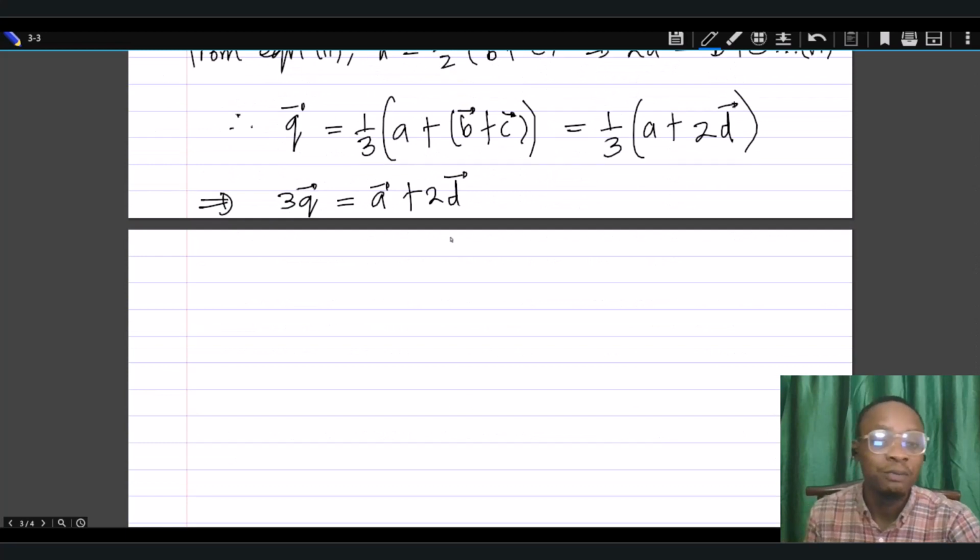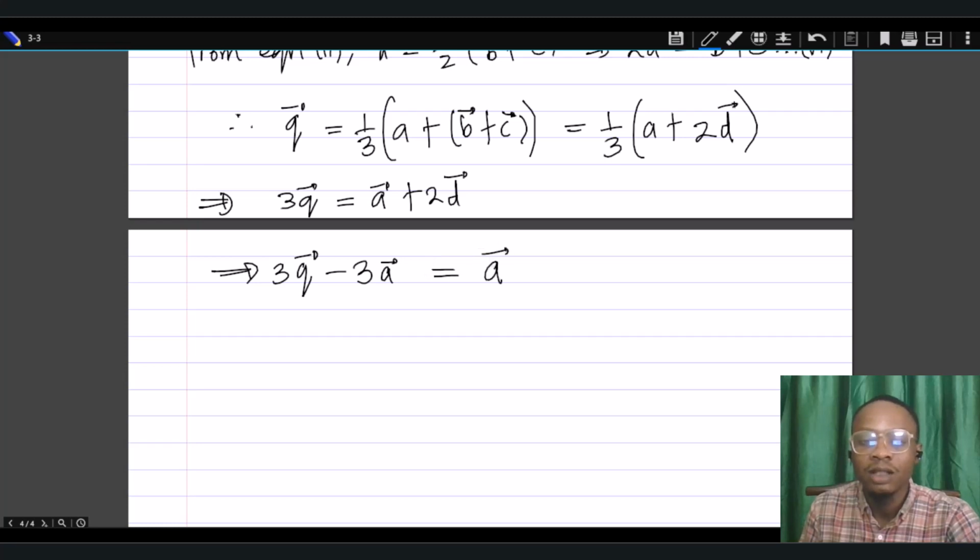So to have Q minus A, pay attention now. You can see that Q is being multiplied by 3. So if we are going to have Q and minus A together, then we should have 3Q minus 3A. Why are we doing that? So that we can have Q minus A. Since this is already multiplied by 3, let's add minus 3A to it, so that when we factor out 3, we'll have Q minus A. But we have added minus 3A to this side, so we should add it to the other side as well. So this will be equal to A plus 2D, then minus 3A as well.